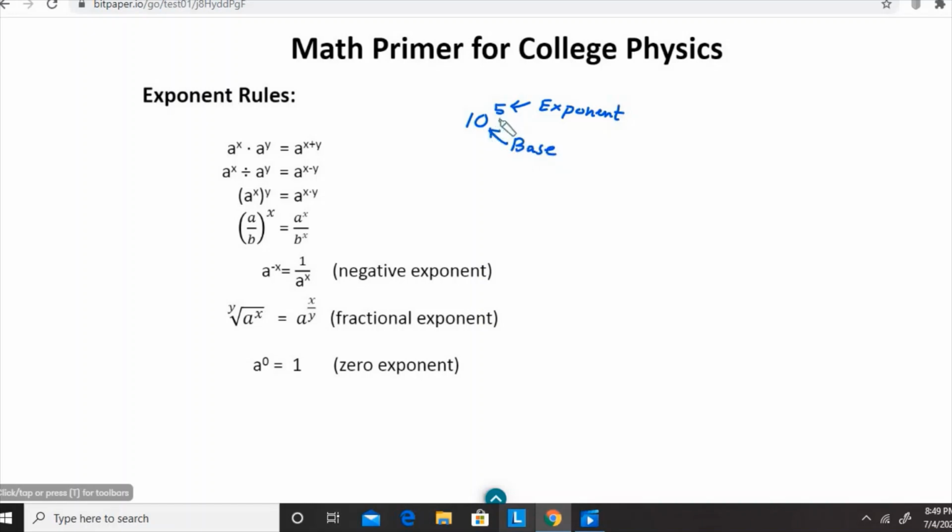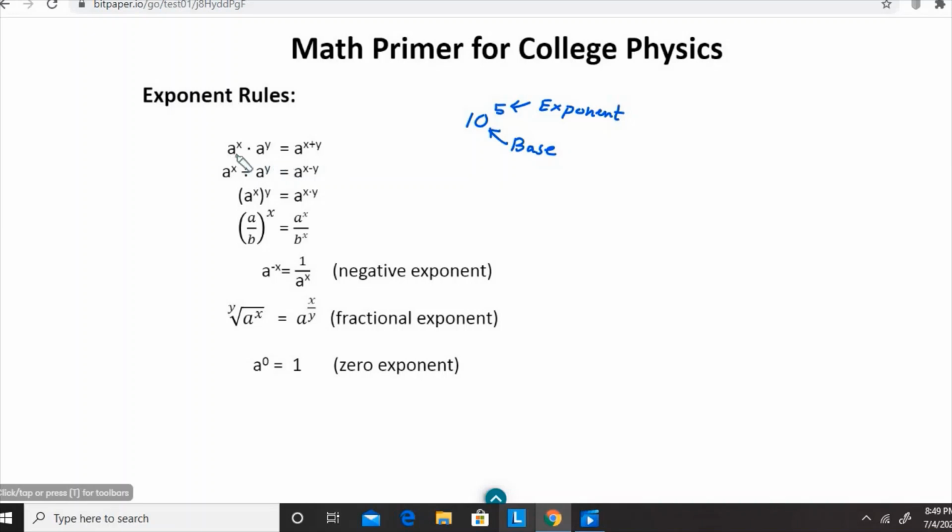So this is 10 raised to the power 5. Now these are the rules that you will need to simplify certain expressions, especially scientific notations. You will come across those scientific notations frequently in physics, and these rules are very important when you try to simplify those.